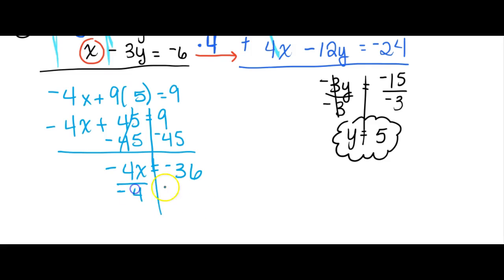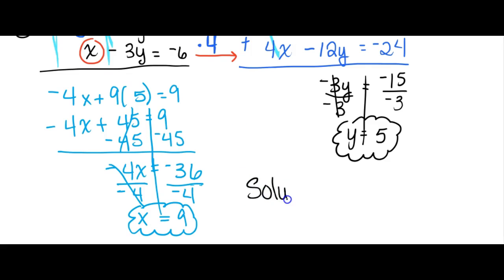Divide by a negative 4. Do not forget your negatives. I'm noticing a lot of people are, which is messing up their progress. So x is 9, y is 5. Our solution is going to be 9, 5.